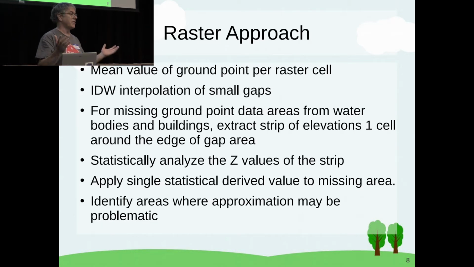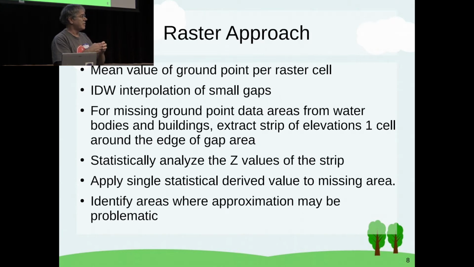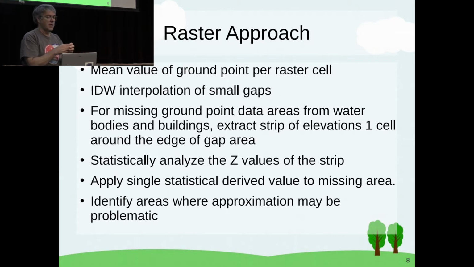You go through and say, okay, I want to do a binning exercise where I set a cell size, and for every cell, I want to take the mean Z value of every ground point that falls in that cell. And then for the small gaps in between, I'm just going to do inverse distance weighting interpolation.